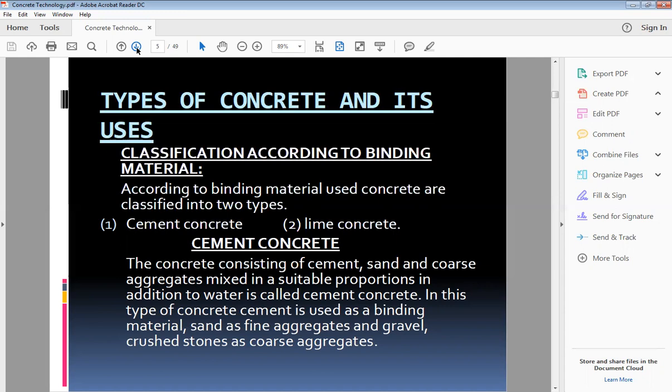When it grips between the other materials, it results in good binding strength, and at a later stage it goes to high compressive strength of the concrete.